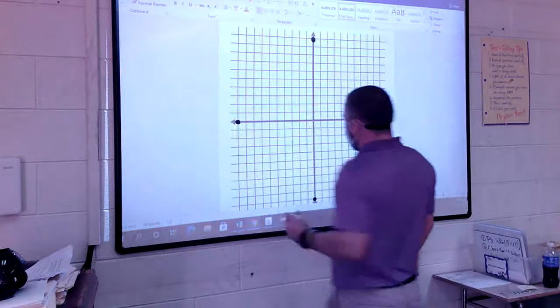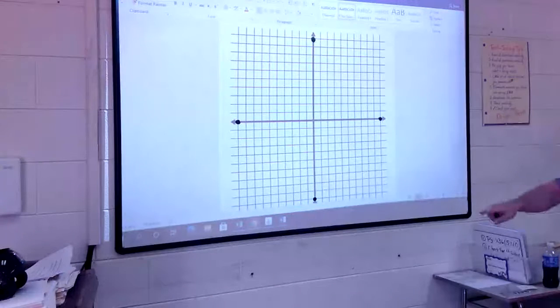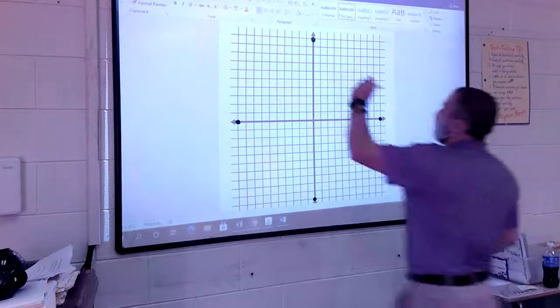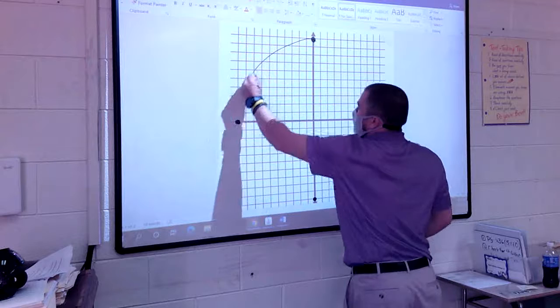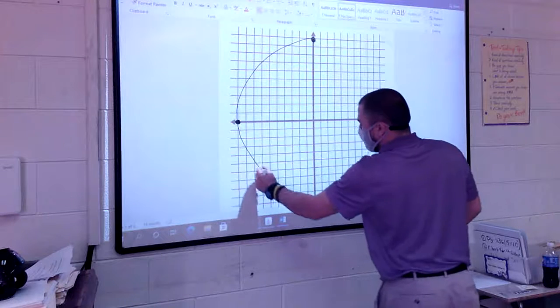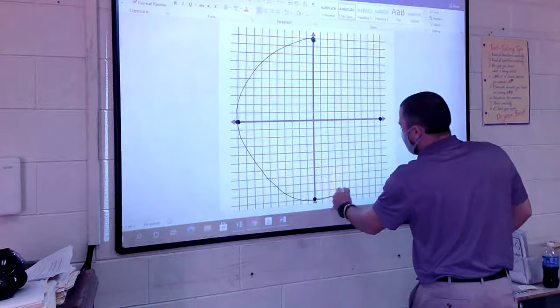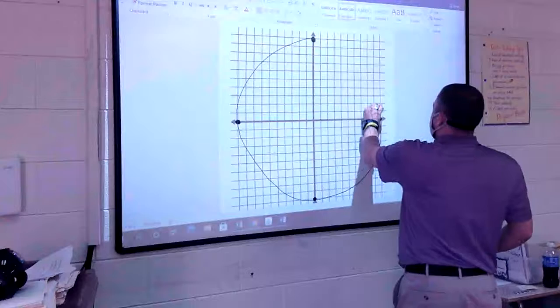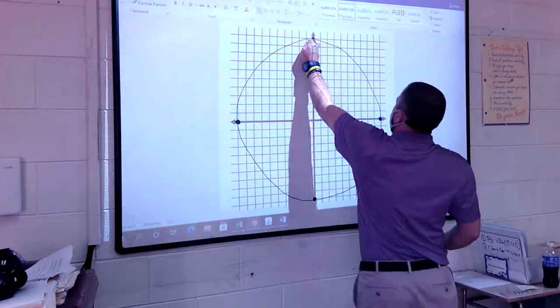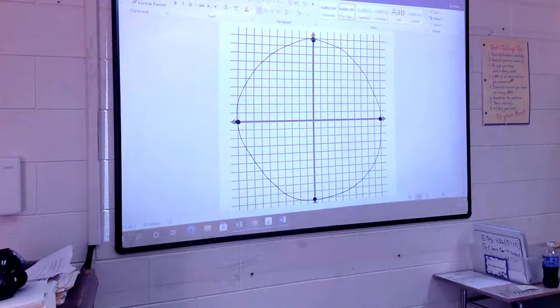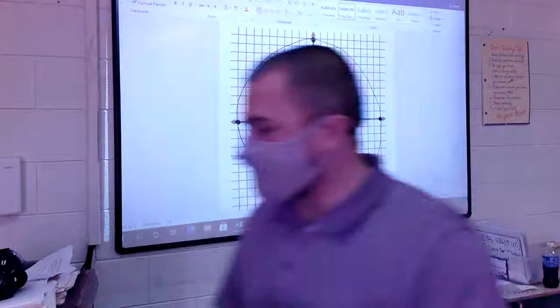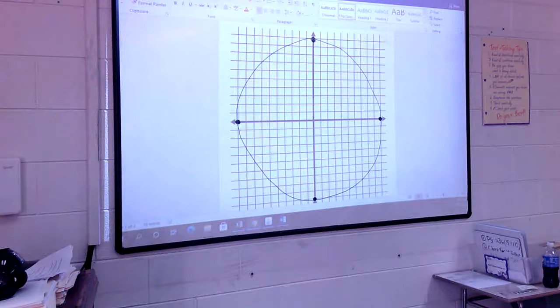We're going to connect those to draw a circle, as best we can, going all the way around. Mine's not perfect, so just do the best you can. That's how you begin your unit circle.